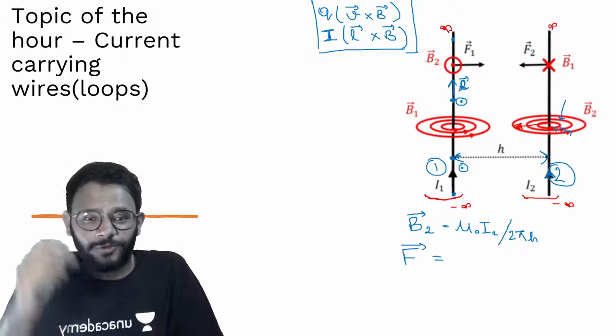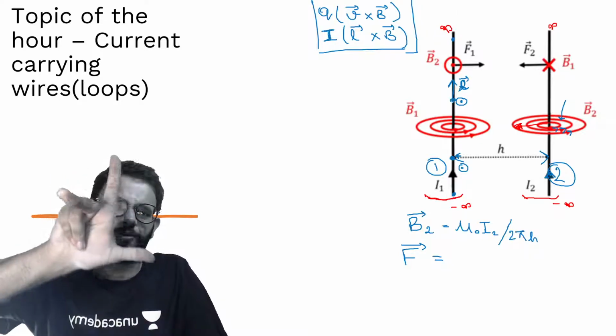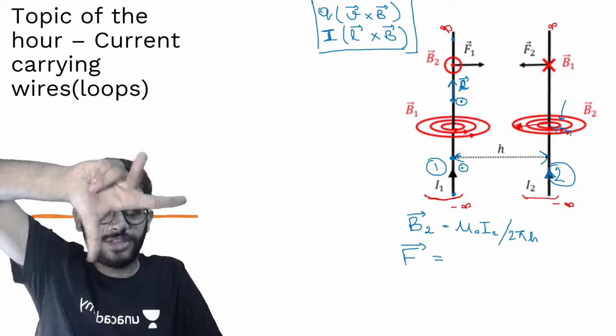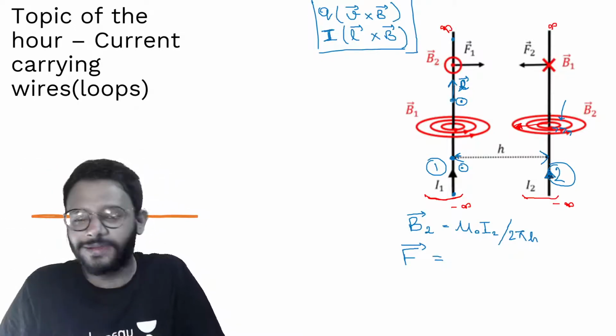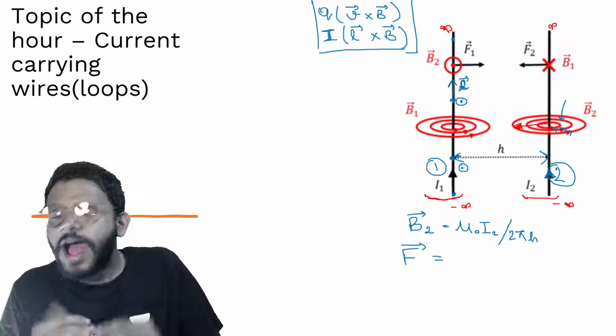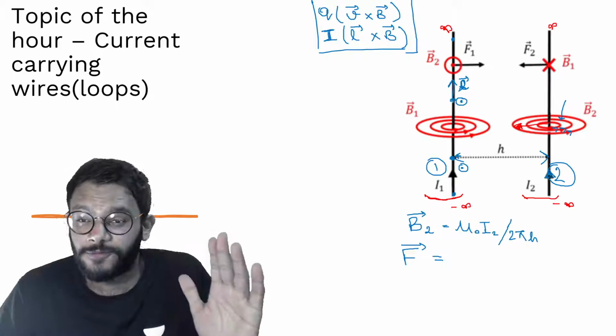I can use the other two laws and I'm going to get the same result, so you need not worry. I am doing the same thing with my left hand now, and I find that the force is again going to be in the right direction. Use the palm rule, use the right hand thumb rule, use Fleming's rule. I personally like the right hand thumb rule as that is the fundamental for cross products.